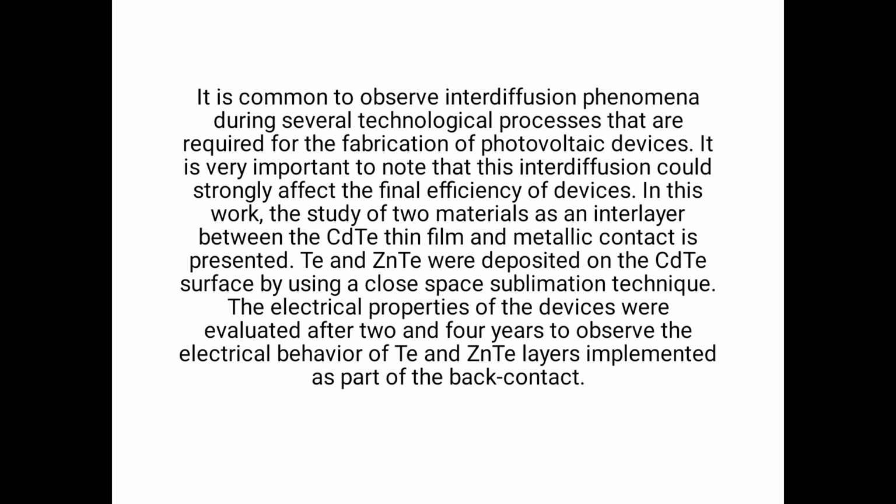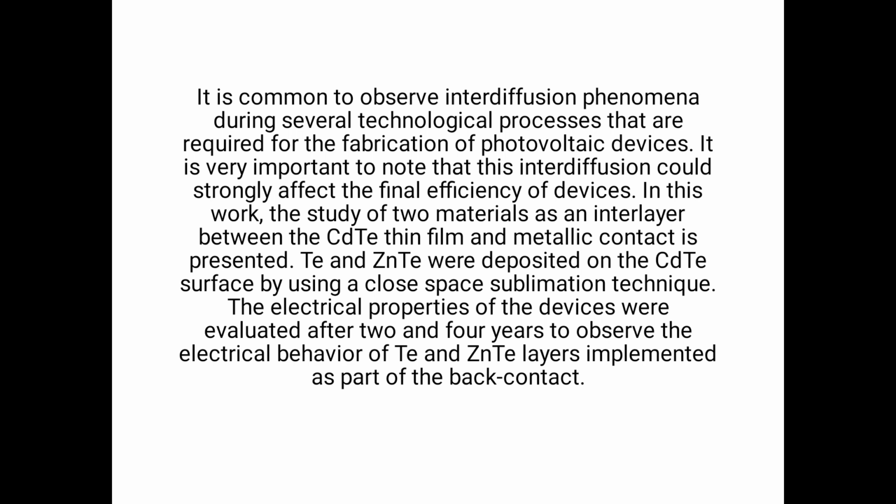In this work, the study of two materials as an interlayer between the CdTe thin film and metallic contact is presented.